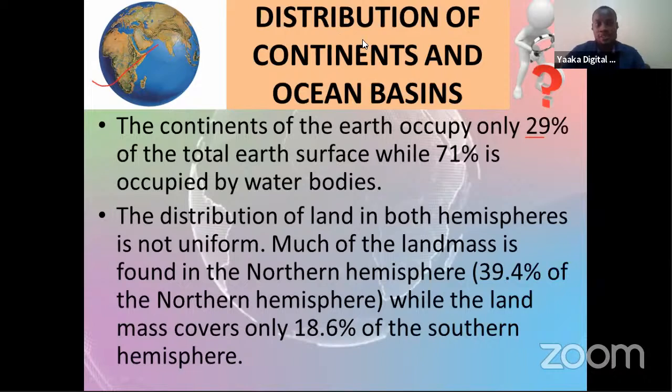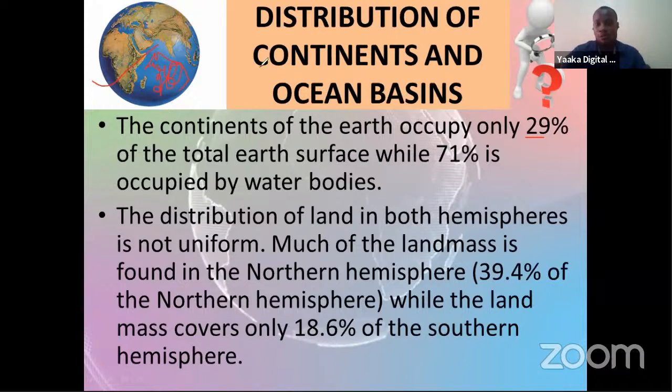If we give an example, you see all this is water. Do you see what I'm highlighting? The whole of that is water. 29% is for land, 71% is water.